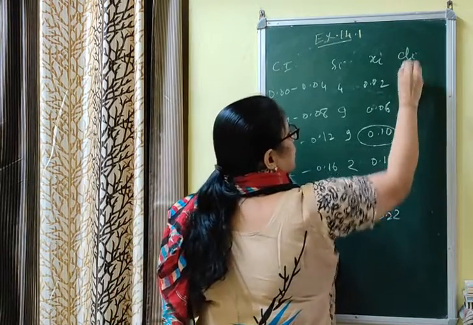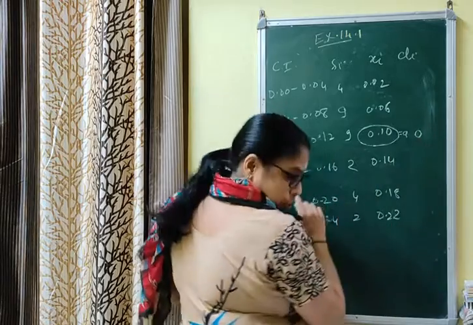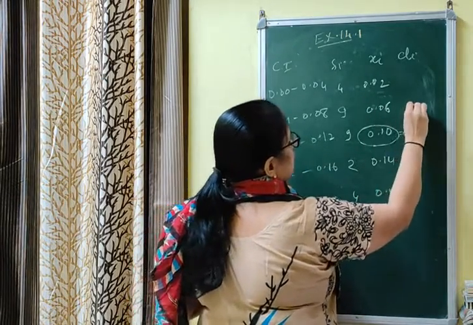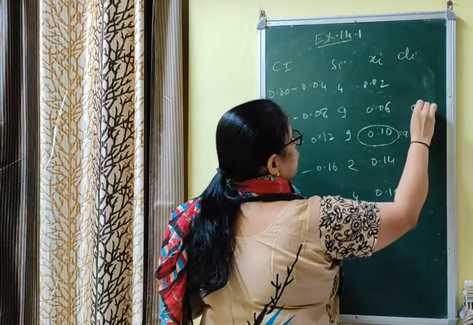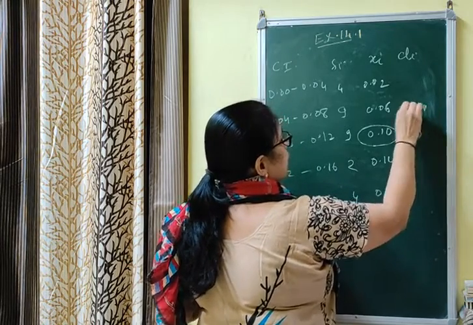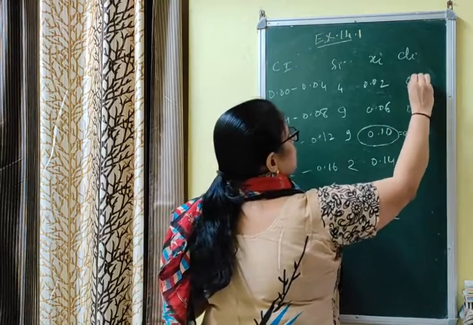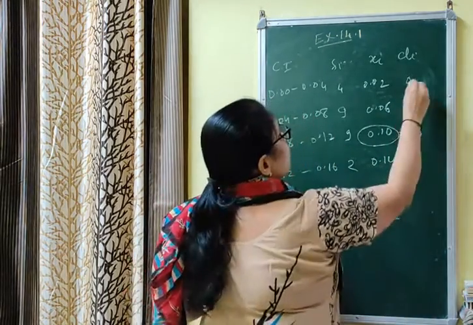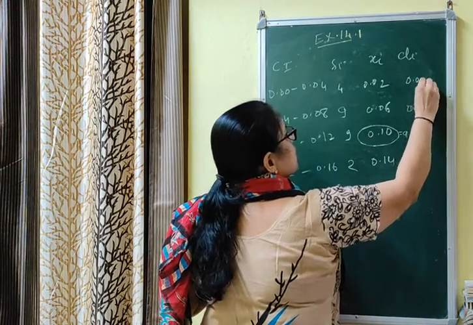Next is di. Di is 0. Here, if you subtract this, you will get 0. This is small, so positive 0.04. Positive will come here because this is small. Next is 0. Let me check. 0.04, 0.08.